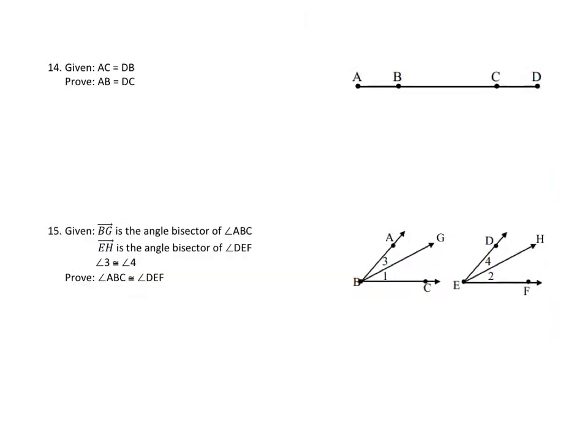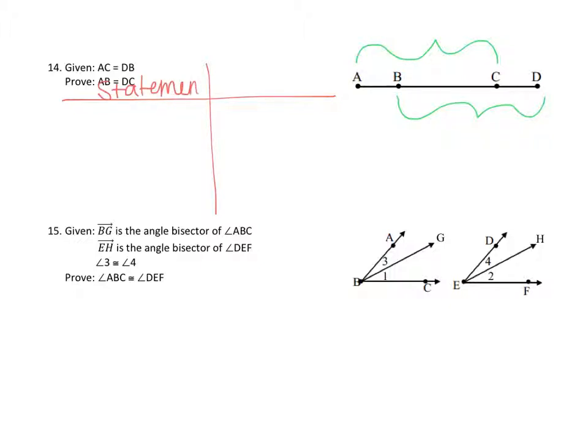In number 14, we are given that AC is equal in length to BD, or DB. Remember, whenever you have a proof with a given, you want to mark up whatever it is that they give you. So here I'm going to start my T-chart. My goal is to prove that AB is equal in length to DC.